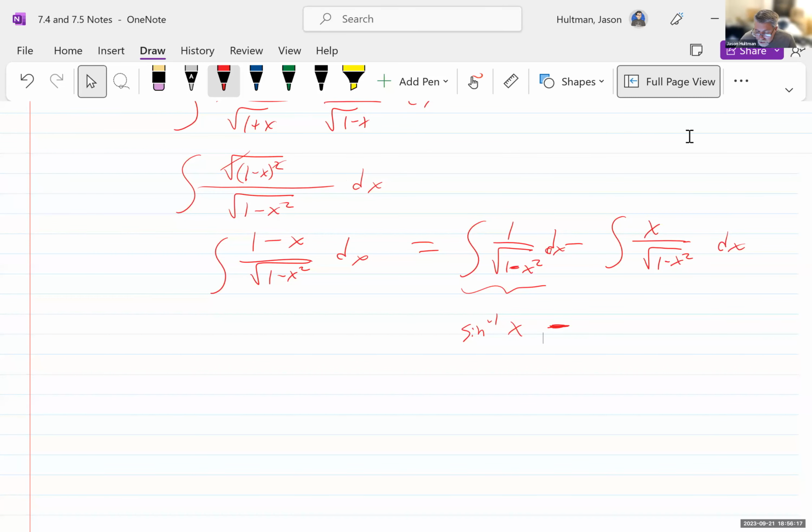It's overkill to do trig sub here. So we're just going to do U sub. So U is equal to 1 minus x squared. Du is equal to negative 2x dx, divided by negative 2. And we get the integral of 1 over the square root of u times negative du over 2.